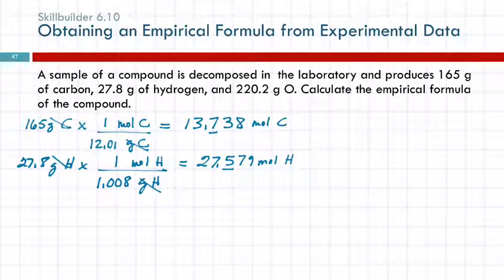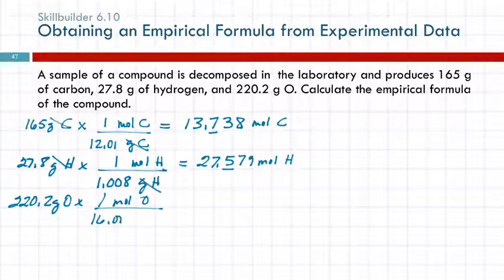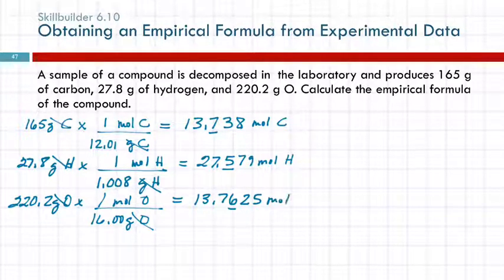And then we've got oxygen, 220.2 grams of oxygen. Converting that to moles, 220.2 divided by 16, and this equals 13.7625 moles of oxygen.